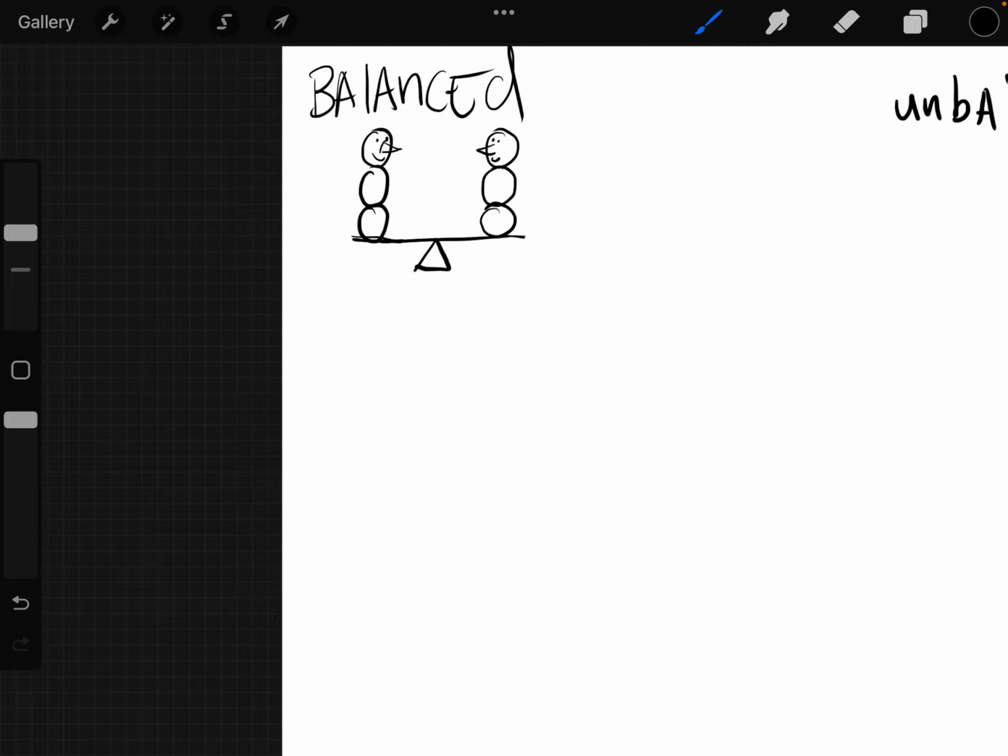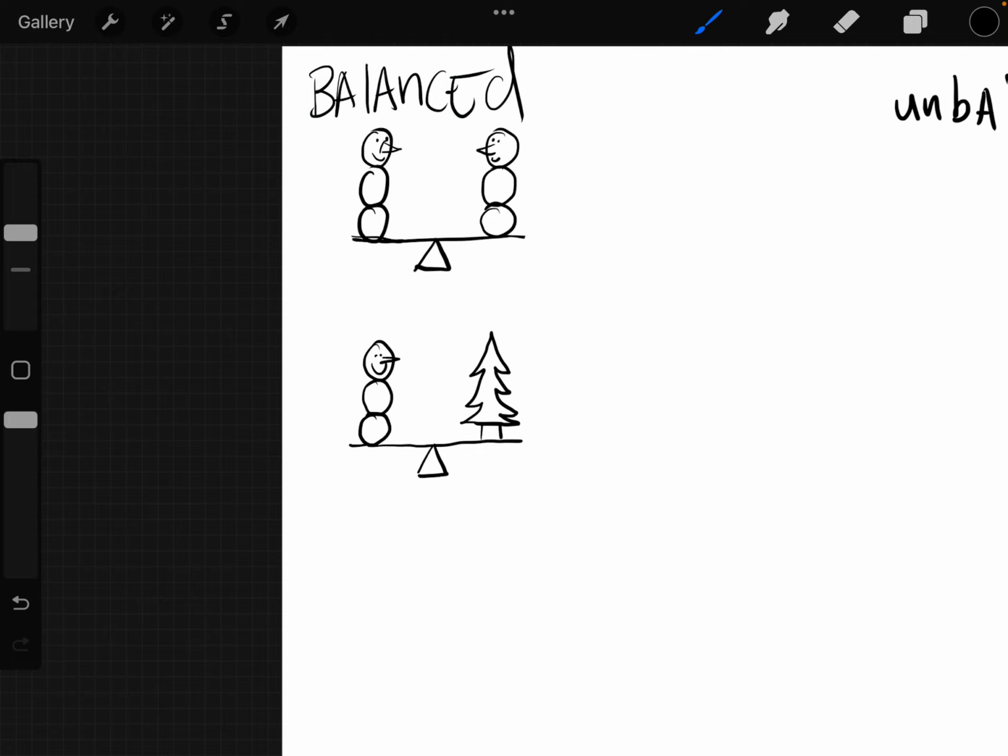So this is balanced. Now, if I were to draw, for example, this thing, which is going to be exactly the same thing, I put a little snowman over here, and a nose. And on this side, I put, for example, this thing, a little Christmas tree.